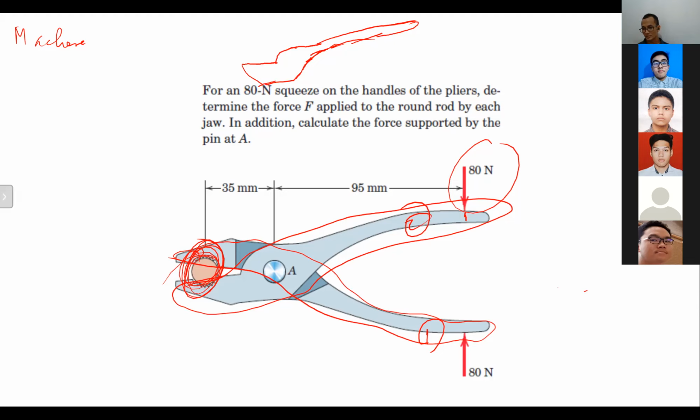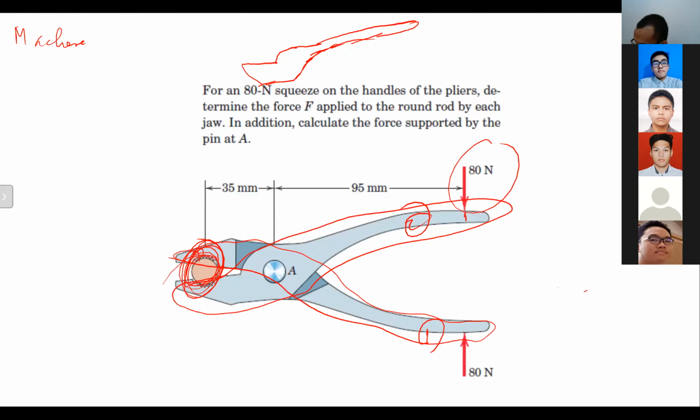After drawing like this, what forces do we have here, Rena? The 80 Newton force. 80 Newton here. Right? What else? For the A, should we add the Ax and Ay? Yes, correct.